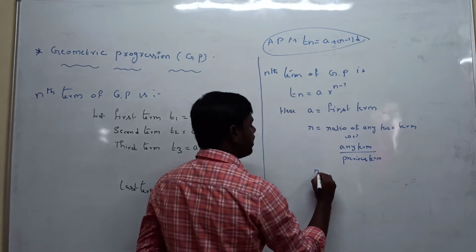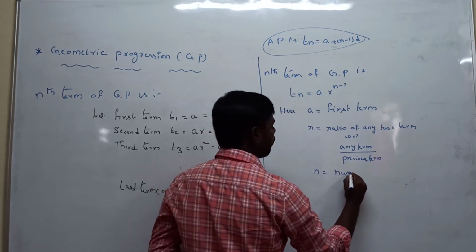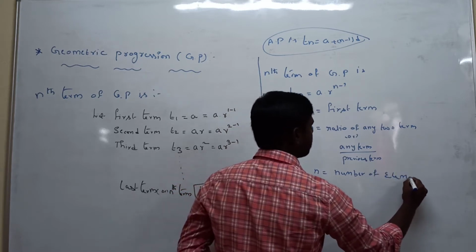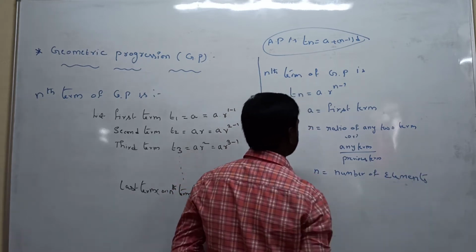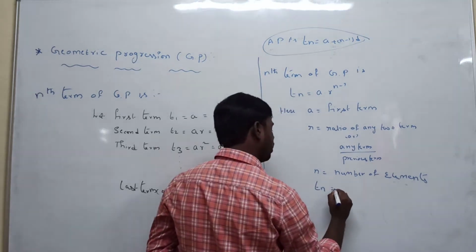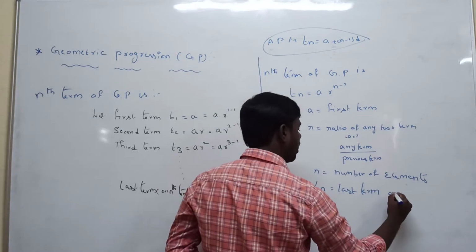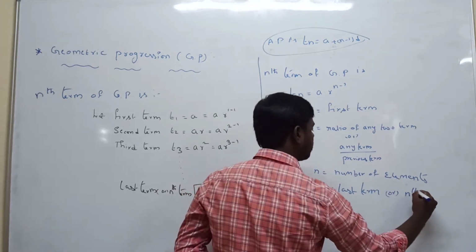Next, n is called the number of terms or number of elements. Tn is called the last term or nth term.